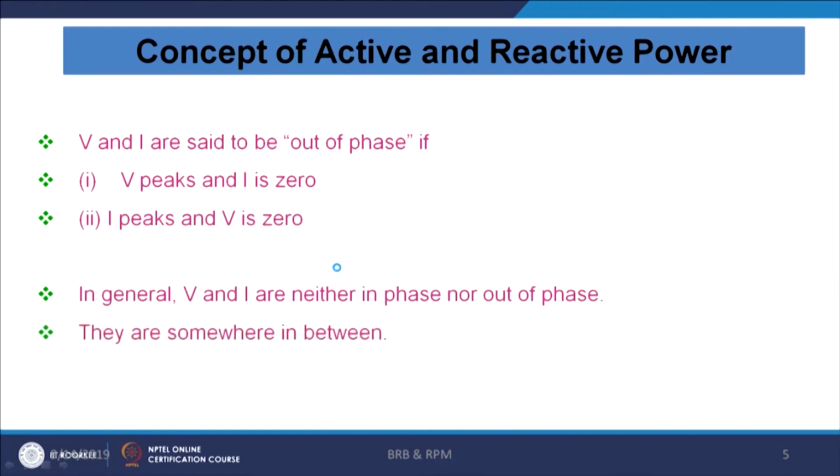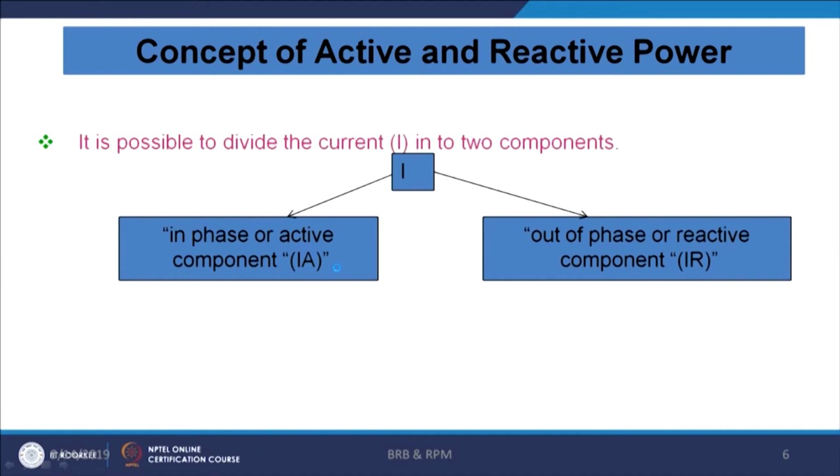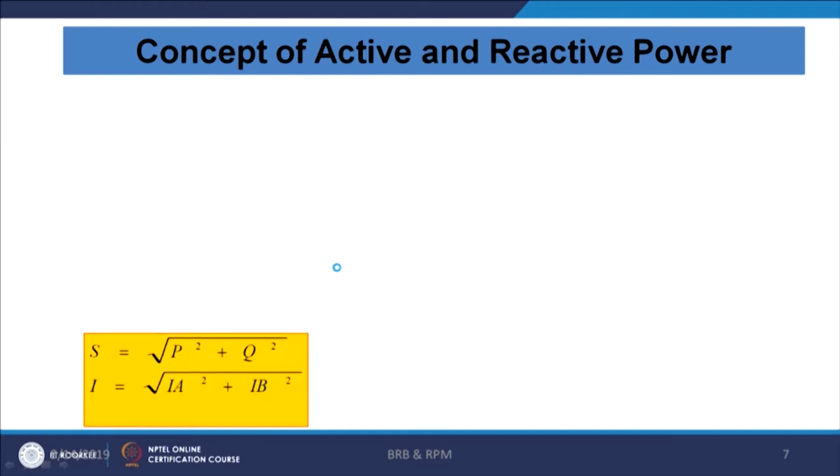They are somewhere in between. So, we can split the current into an in-phase component and a reactive component. We define apparent power as S squared equals P squared plus Q squared, and similarly we can split the current.